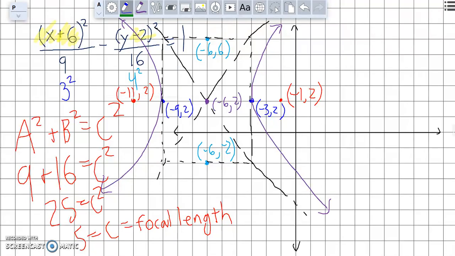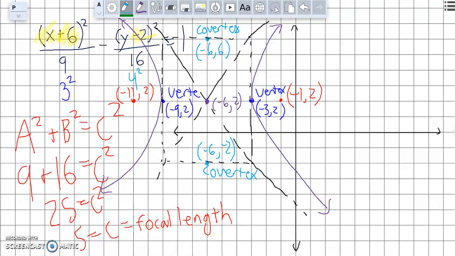The dark blue ones are the vertices, by the way. I used the word, but I'll write it too. The light blue ones are the covertices. I've seen sometimes they're called the covertices, sometimes they're not. The vertices, it's clear to see what they have to do with the graph. They're the tips of the pieces of the hyperbola.